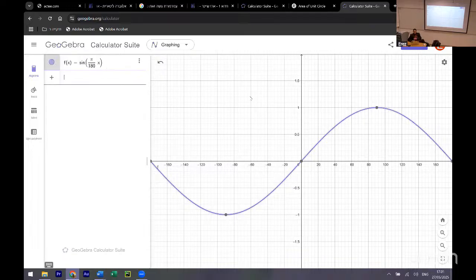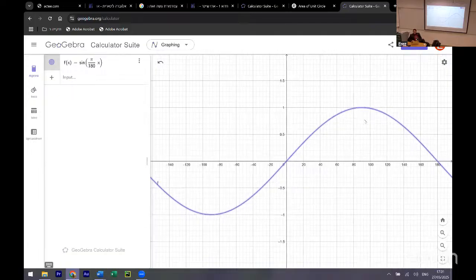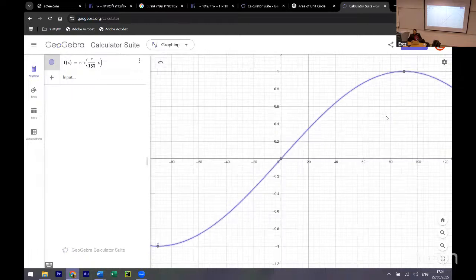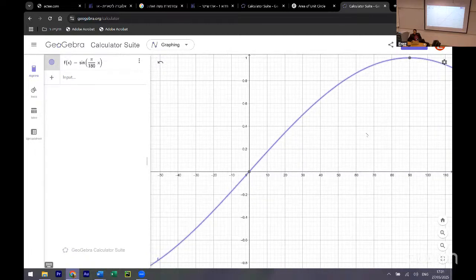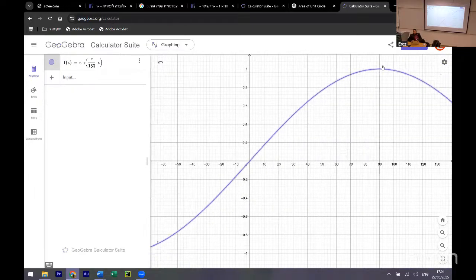Okay, so here is the function sine. Do you agree? 90 just does not show 90, sadly. Here it does. Oh, wait. Okay. So this is sine over 90. It exactly reaches its peak.